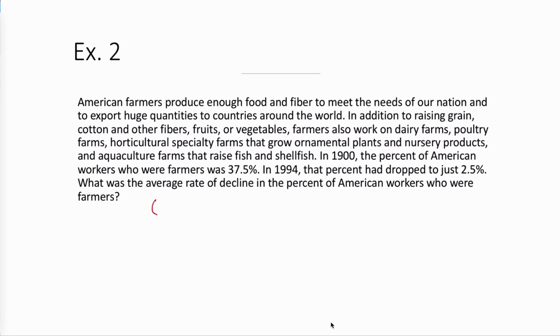So, in the year 1900, the percentage was 37.5%. In the year 1994, the percentage was 2.5%.